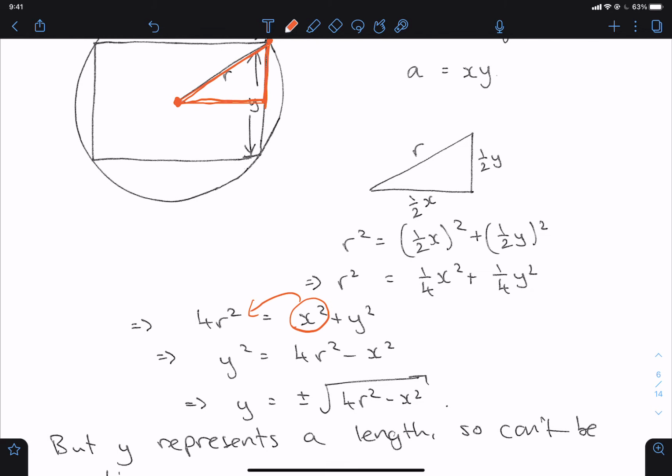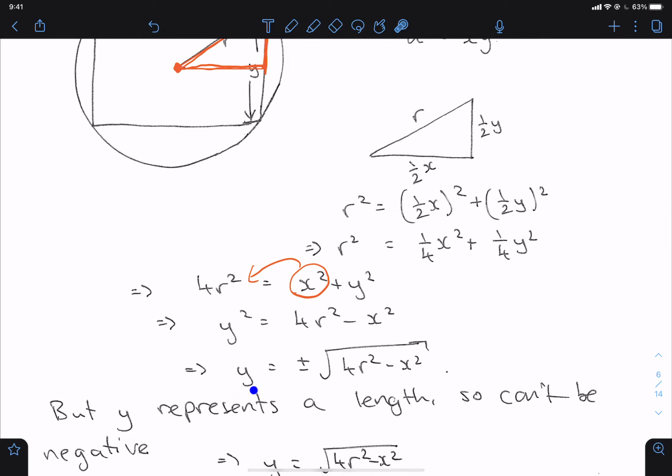Right? So move x to the other side. We have 4r squared minus x squared here, and then y squared here. And then we take the square root. Now we have y expressed in terms of only one variable x. That is plus and minus the square root of that.